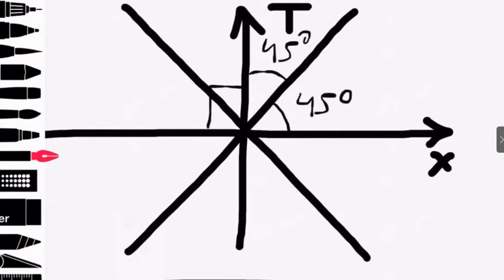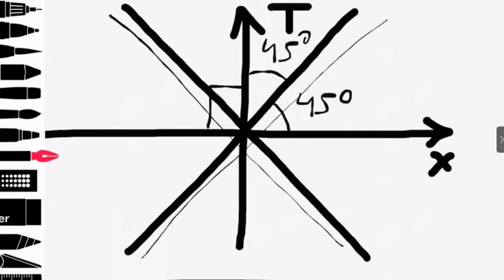So those four thick lines that we have drawn here correspond to c equals v. So your velocity is the speed of light.